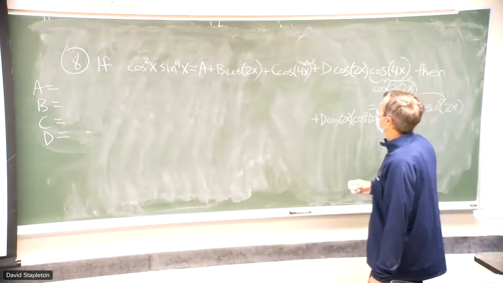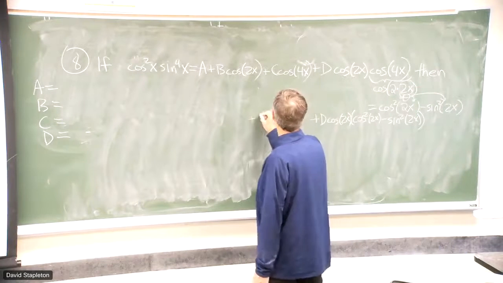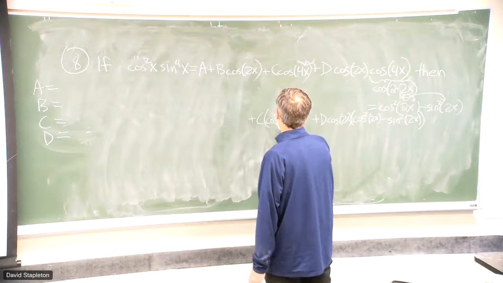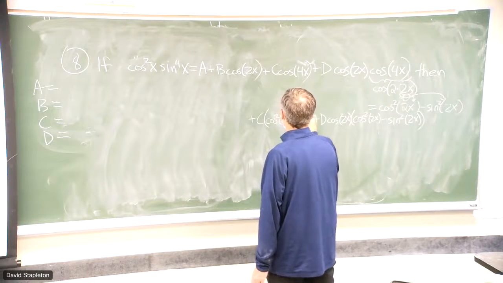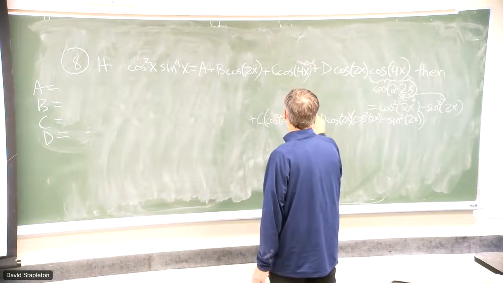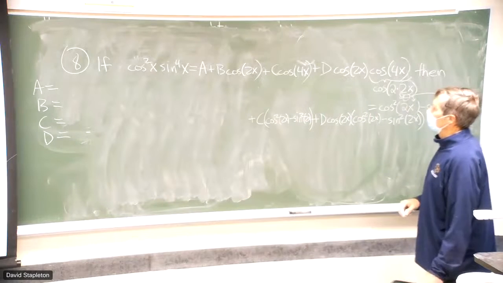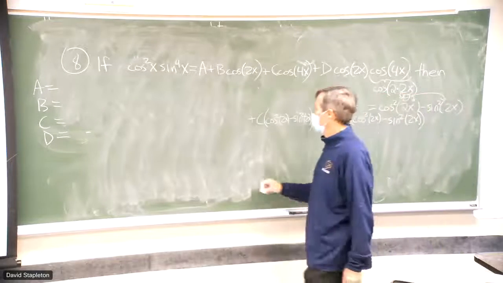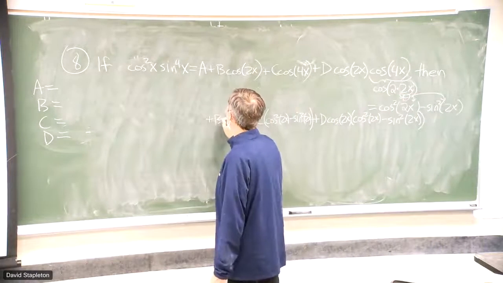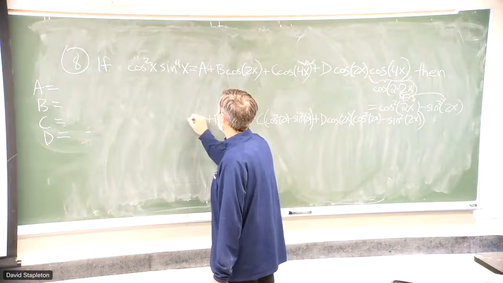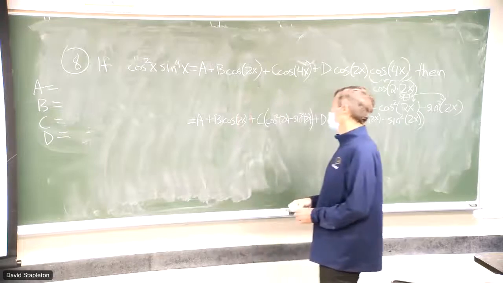So this is plus c times cosine squared 2x minus sine squared 2x. And then b is cosine 2x. And then I've got a, there we go. So it all boils down like that.